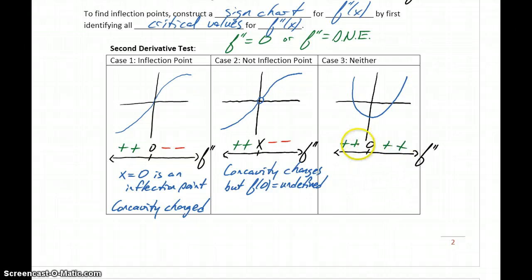So on either side of that critical value, the second derivative is positive, or in a similar but different situation, on either side of that critical value, concavity remains negative. So just because we have a critical value identified doesn't guarantee that concavity is going to change, and just because concavity changes doesn't guarantee that we're going to have an inflection point. So we have these three different cases to consider and keep in mind.